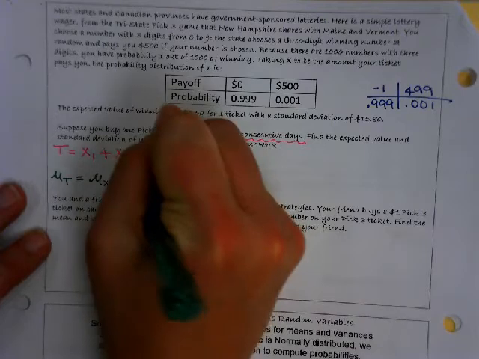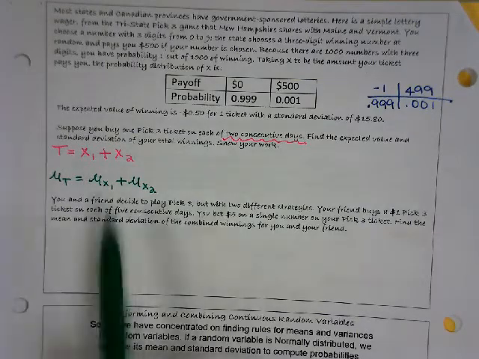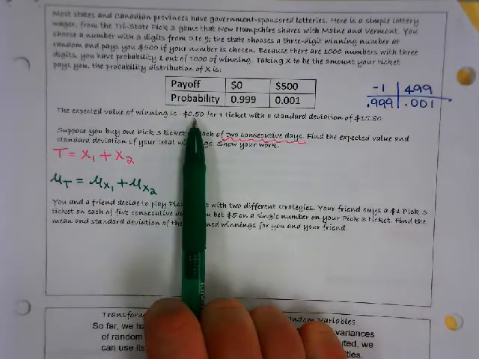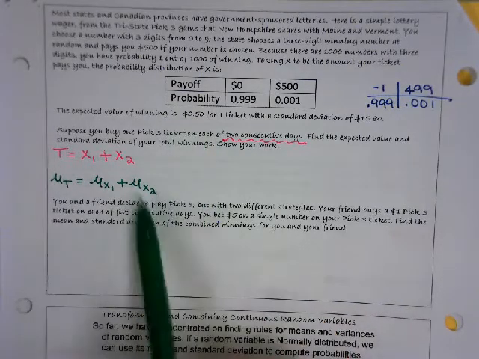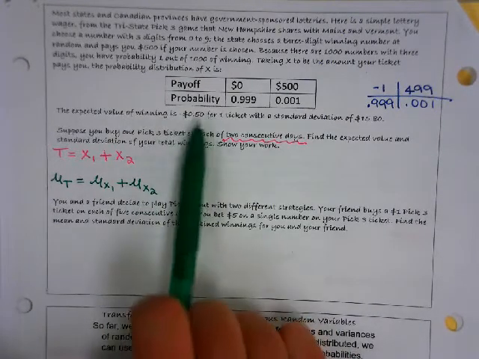Now I'm playing the exact same lottery game, so the mean for X1 is negative 50 cents, or losing 50 cents. And the mean for the next day of playing the same lottery game is still losing 50 cents.